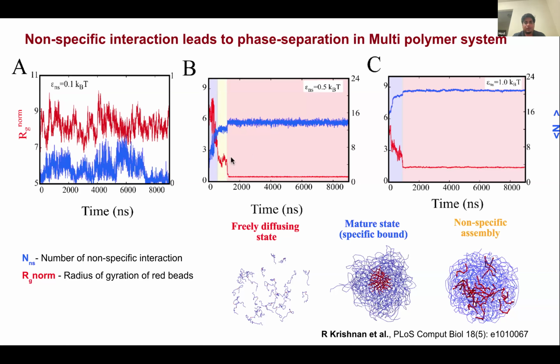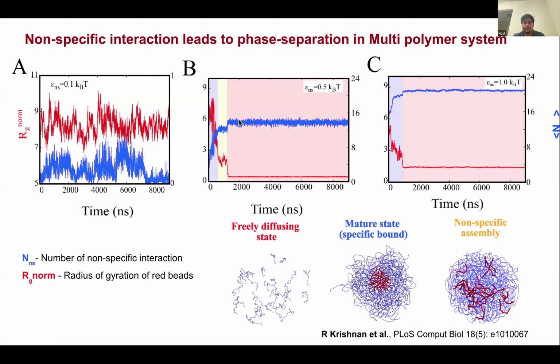So the number of non-specific contacts remains the same, but the Rg between the red beads, which are in this state, reorients and becomes a red region. You can see the Rg is still decreasing and becoming a smaller value, but the increase in non-specific contact is not that significant. It's just because of the reorientation happening from the yellow to the red region.